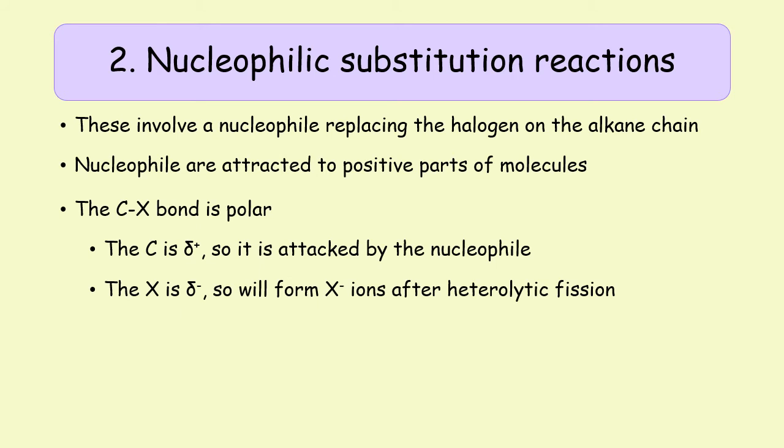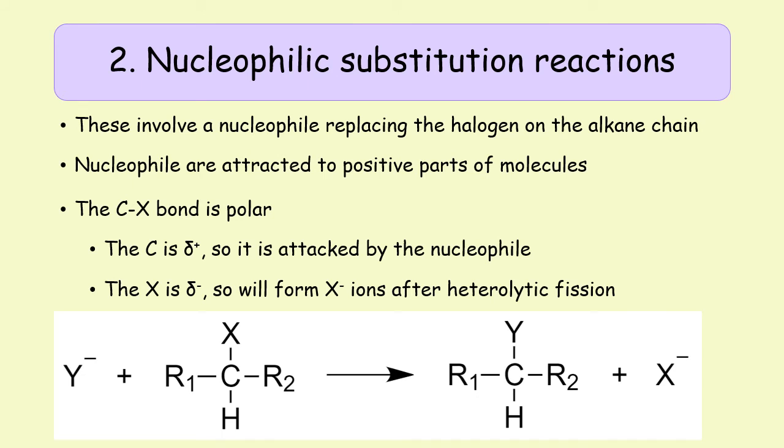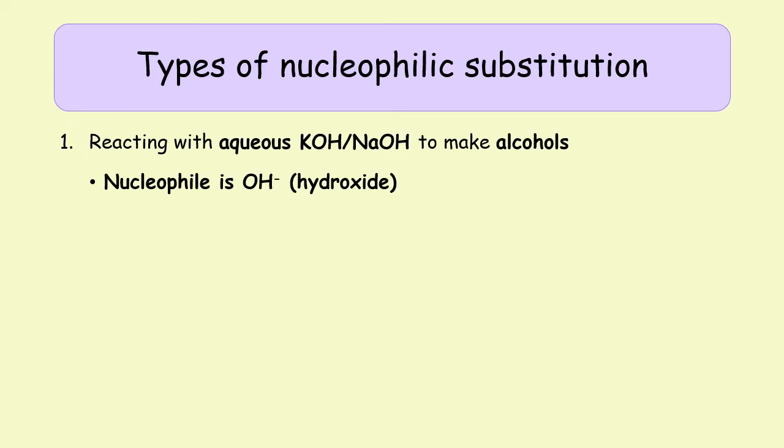And this will be done through heterolytic fission, so the reaction involves ions. So in general, you will have a negative ion reacting with your monohaloalkane to produce a new molecule and a halide ion.